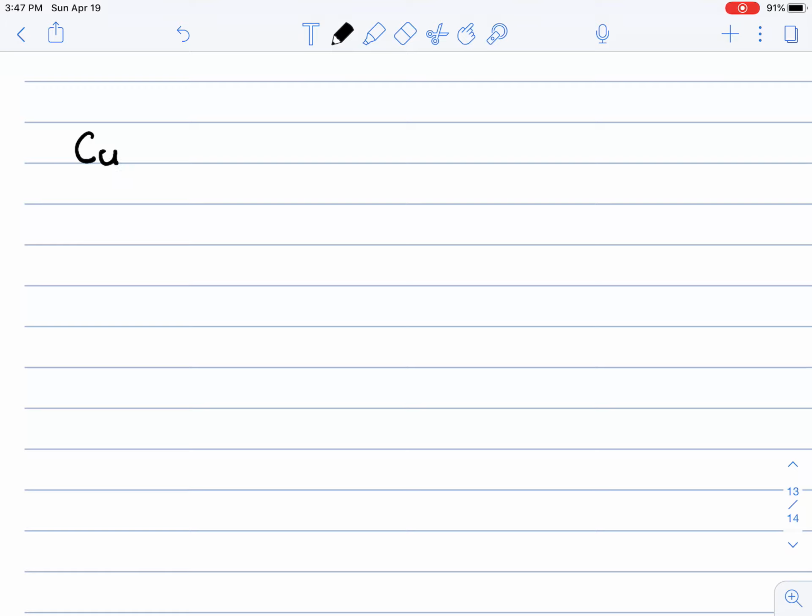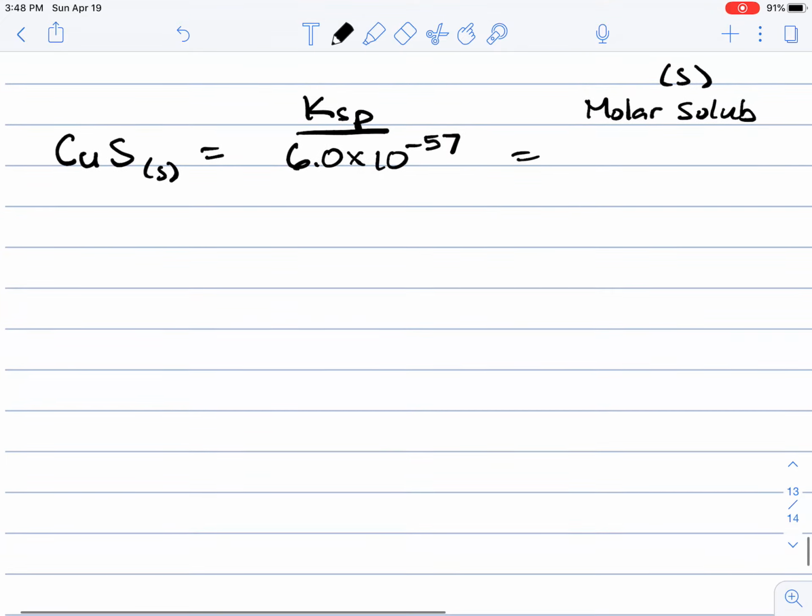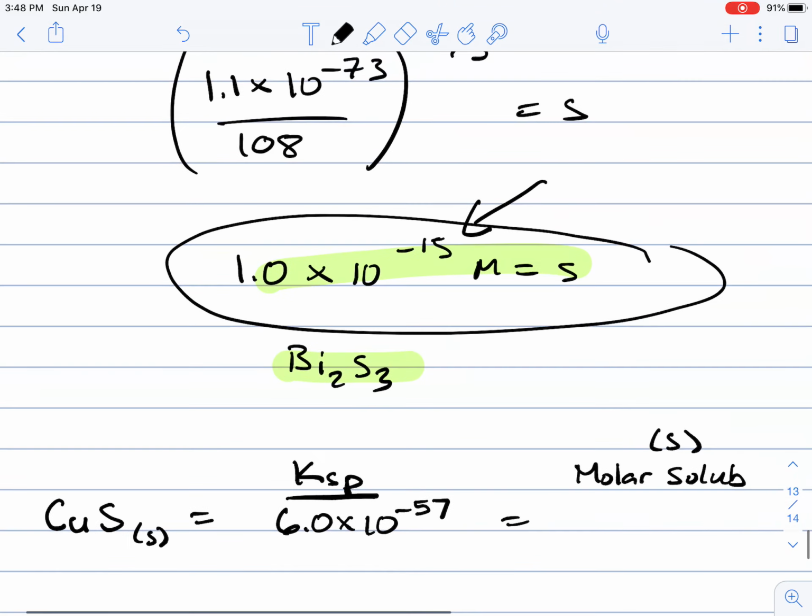So here we have copper iodide, I believe. No, not copper iodide, it's copper sulfide. And so the KSP, I'm going to go ahead and put it in this column, was 6.0 times 10 to the negative 57, and its molar solubility, or S, let me see here, what was its molar solubility?